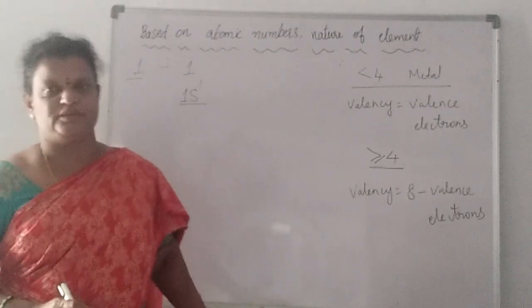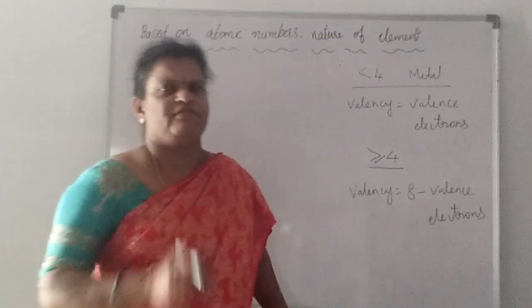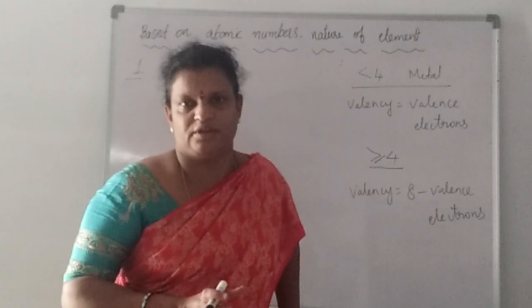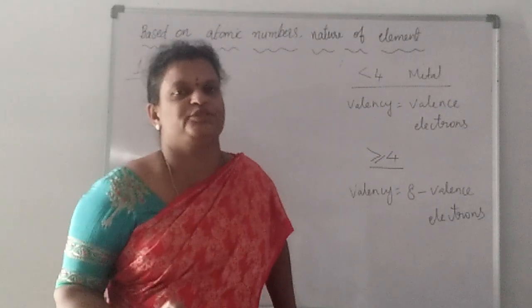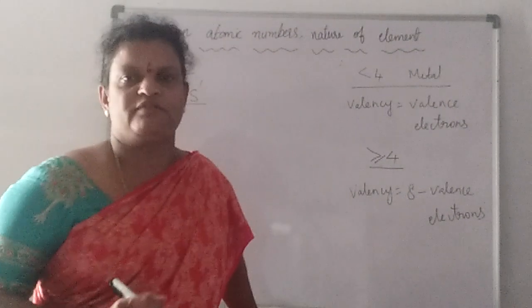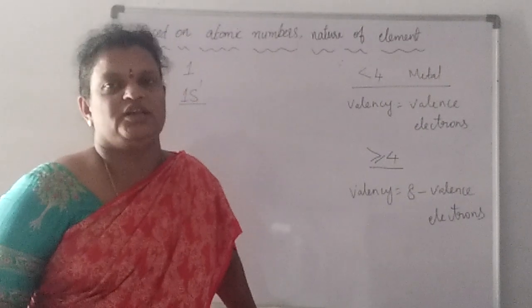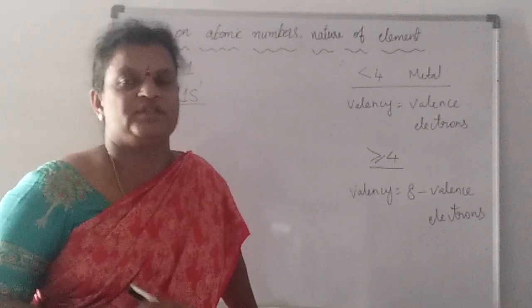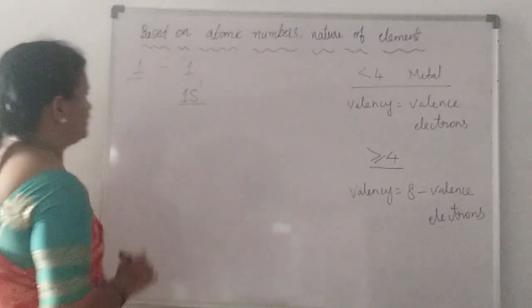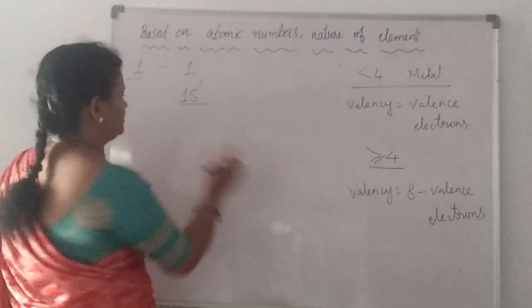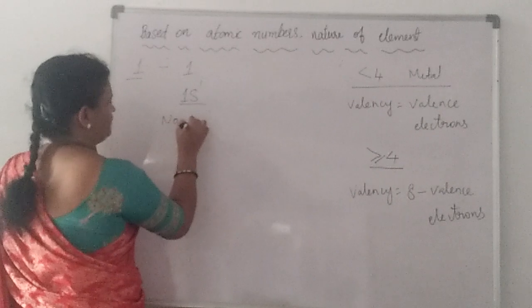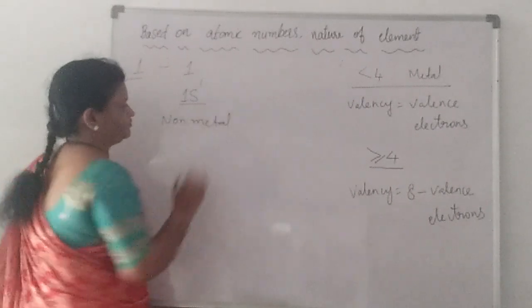This is our exceptional case. As you know already, for every rule, there is one exception. So here also we have an exception. Though it has one electron in the ultimate shell, it does not have metallic nature. It is a non-metal.